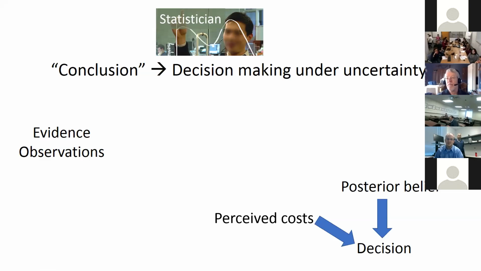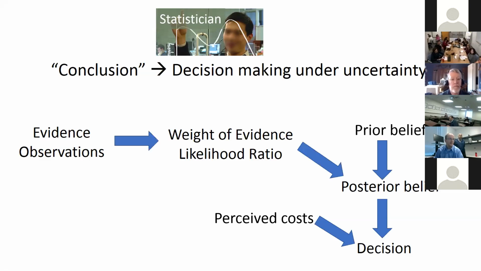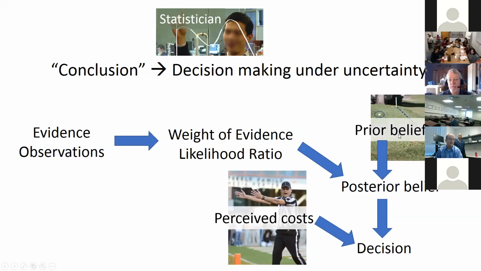And Bayes' rule also says that we can't get to a posterior belief without having some initial belief, some starting point, which is then updated by the newly considered information, which in this context would flow from the gathered evidence and observations. And the argument from the statistical community is that the forensic expert should be focused only on the information contained in the evidence, so that the perceived costs and the prior beliefs are really out of bounds from their domain of expertise.